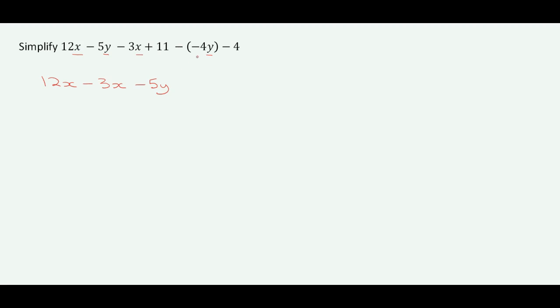So this is minus minus here, so that's plus 4y plus 11 minus 4. So 12x minus 3x, we have 9x. Minus 5y plus 4y, we have minus y. 11 minus 4, we have plus 7. So that is our final answer.